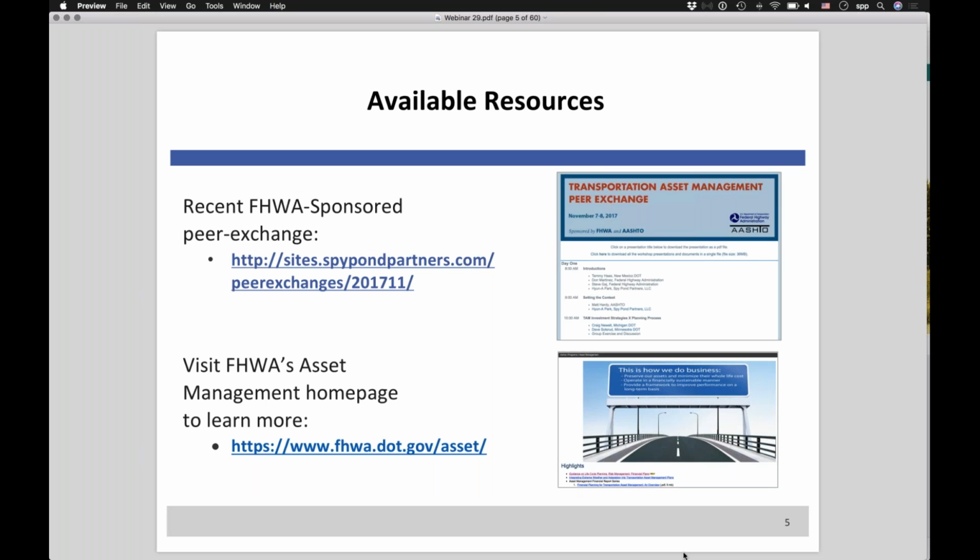The address is on the screen. Also, take a look at the asset management gap analysis projects we've undertaken, if those have focus on organizations. We've done them in 19 state DOTs. If there's any state that would like FHWA assistance in undertaking a gap analysis, please contact me.